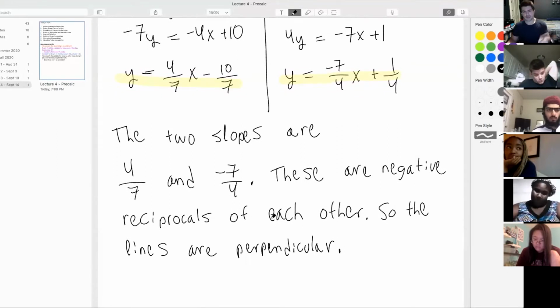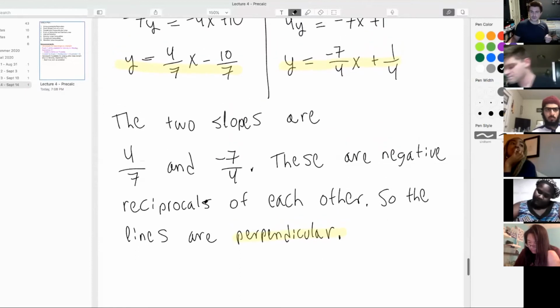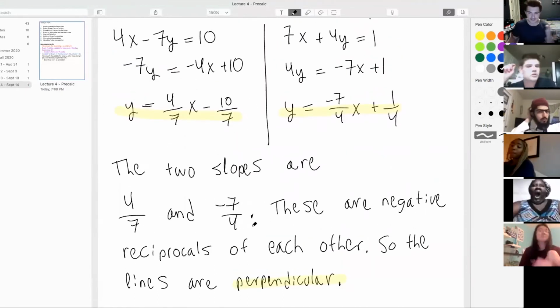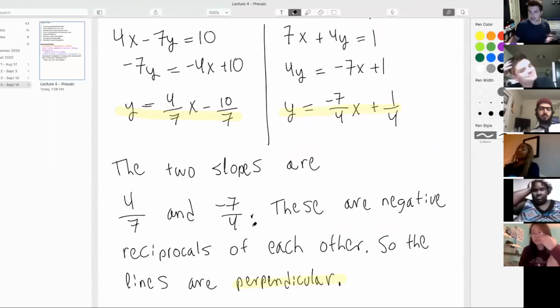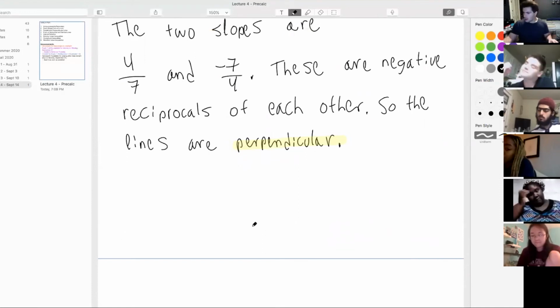The conclusion was that the lines are perpendicular. Of course, in a homework problem you would need to show all of this work. You can't just put the word perpendicular, because that doesn't show me that you know what's going on.